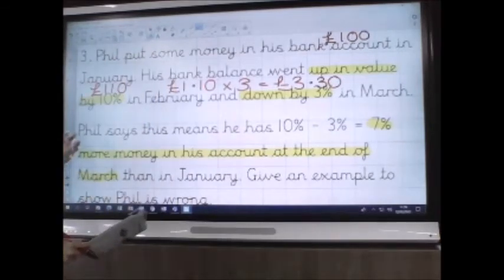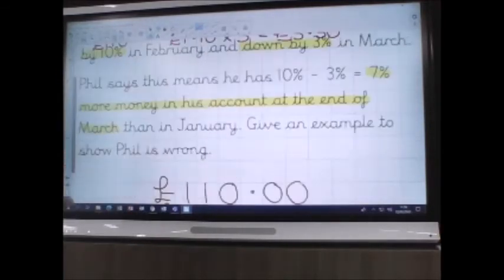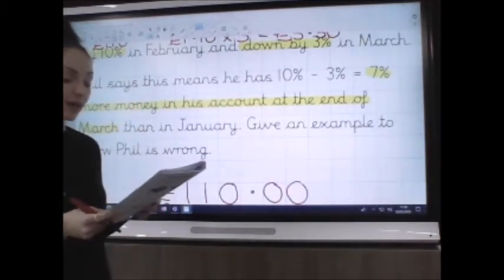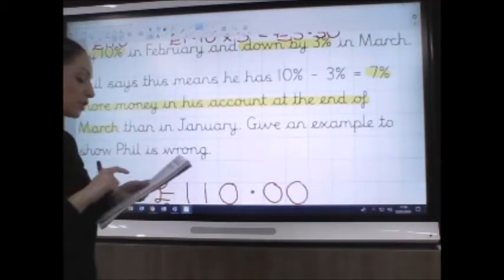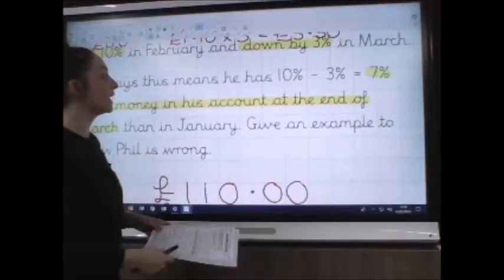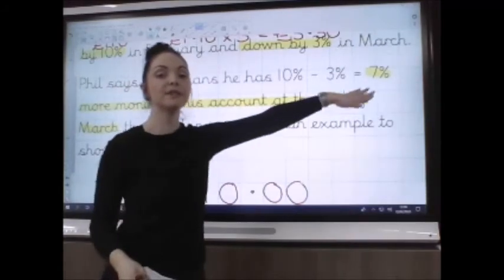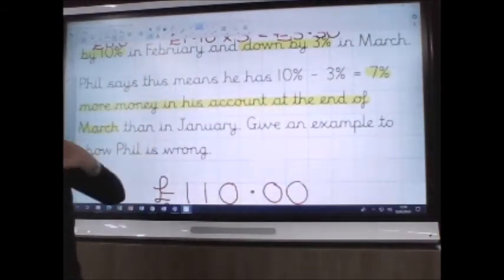Okay. Right, now let's see if it works. So Phil says this means he has 10% take away 3%. So he's saying that he's got 7% more money in his account at the end of March.